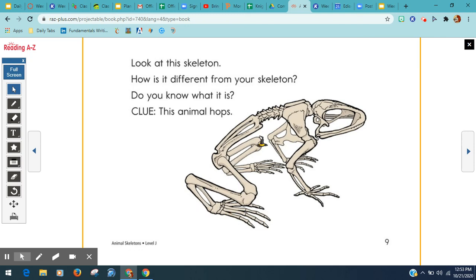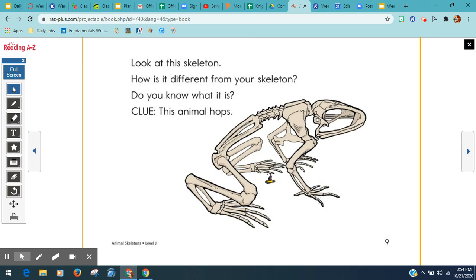You see that? Super long back legs. It has what looks like finger bones on its legs and up here, these front legs and the back legs. It looks like it's got little hands, right?